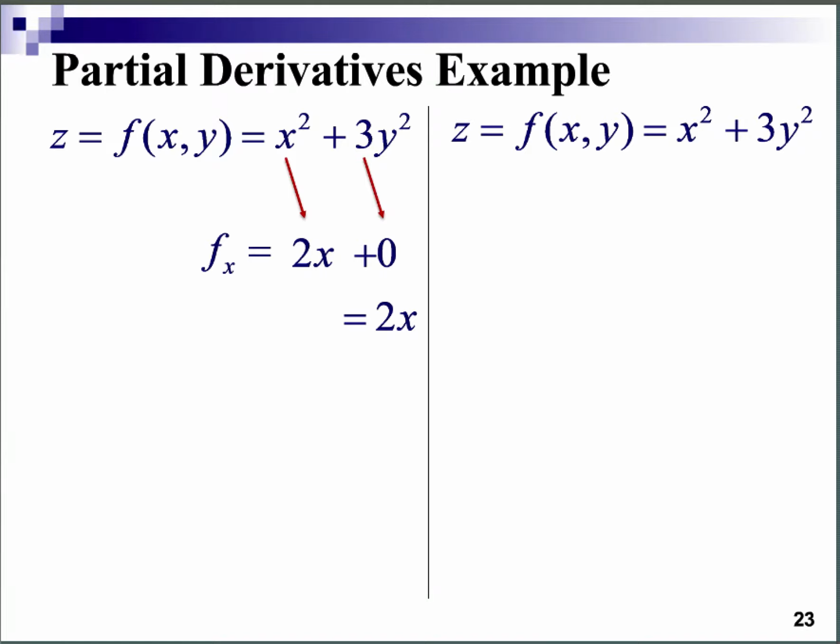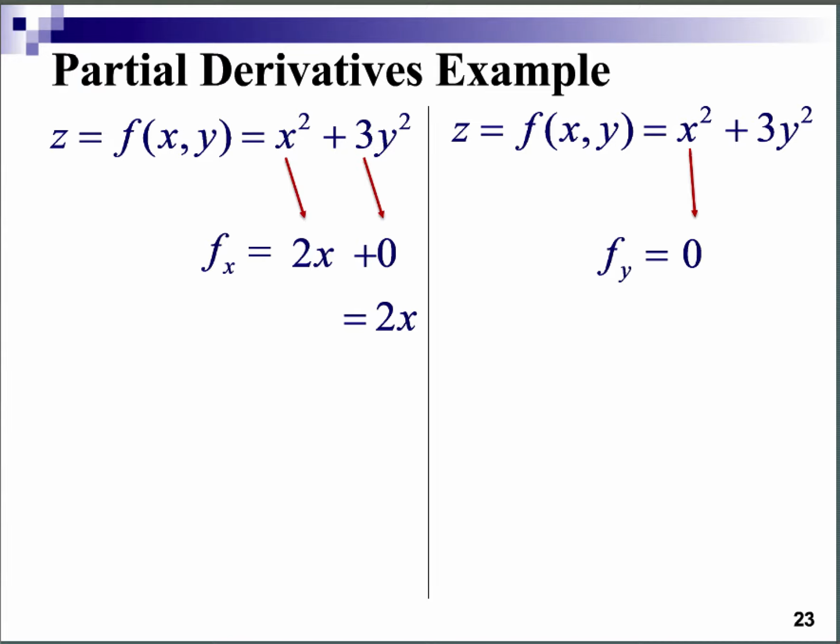Now let's go over here to the other side and take the partial derivative with respect to y. So when we do this, when we look at the partial with respect to y, the very first term, x squared, has a derivative of 0. Now let's stop and make sure we understand that. We're taking the partial with respect to y.